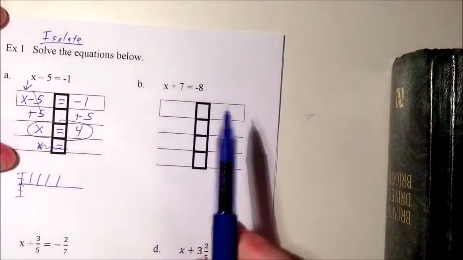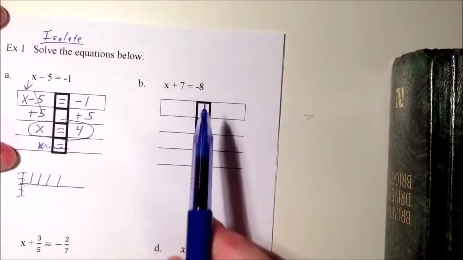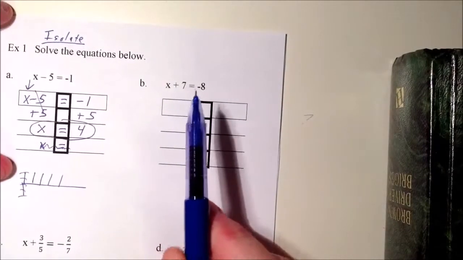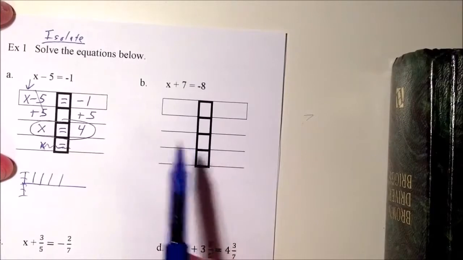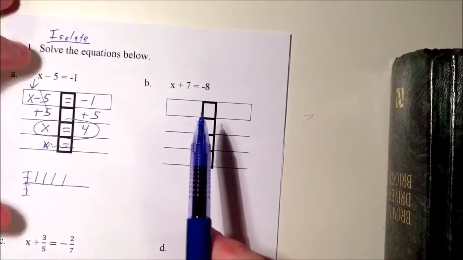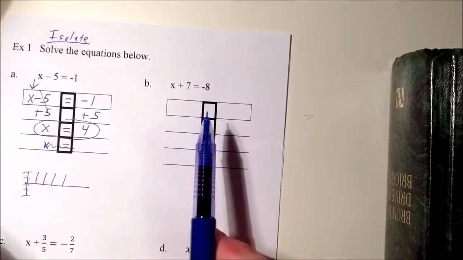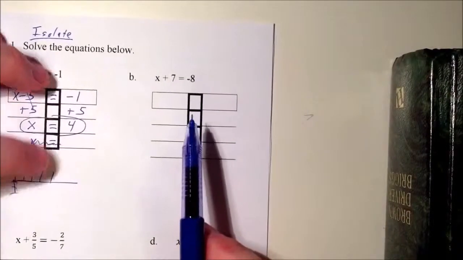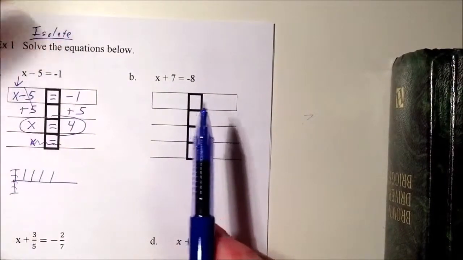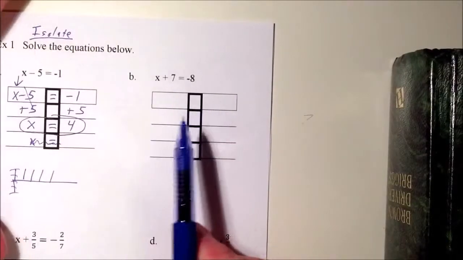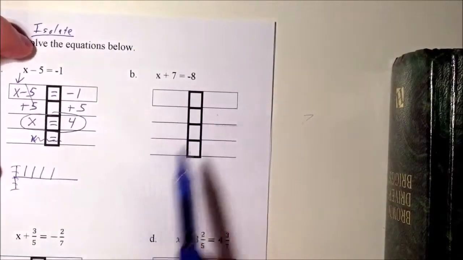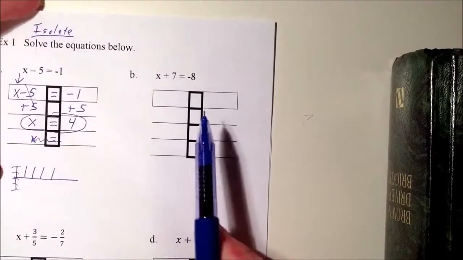We're going to wait and go over B together in class. When you get finished, continue the video and we'll move on with the examples. So go ahead and pause now.